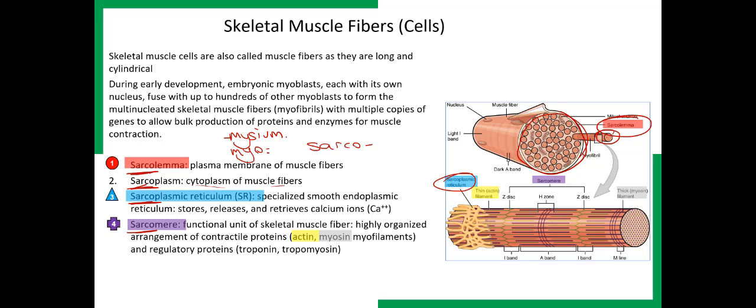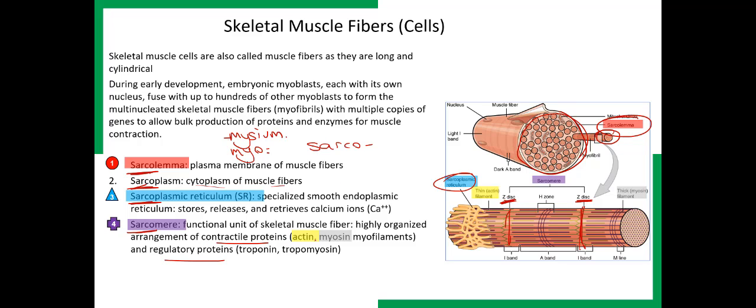And then you've got the sarcomere. The sarcomere is the repeating unit or the functional unit of a skeletal muscle. This is one sarcomere, so from Z disc to Z disc is one sarcomere. If you look in the sarcomere, we're going to look at it in the next slide, you can see that it contains a very highly organized arrangement of contractile proteins as well as regulatory proteins.